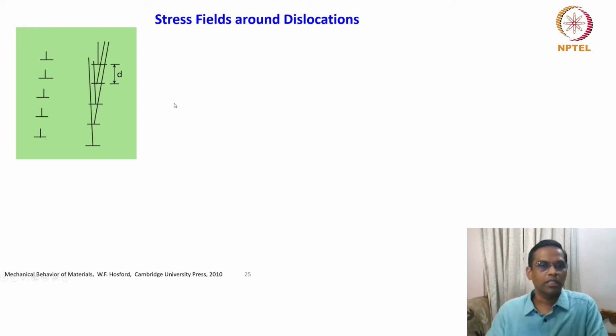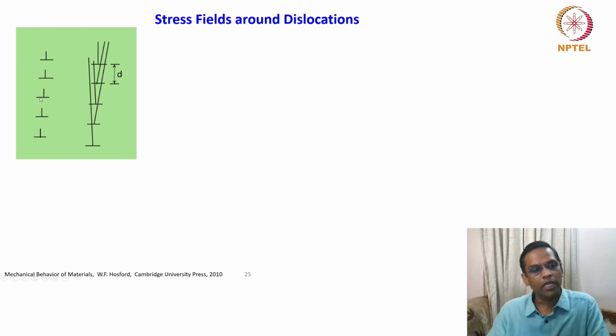The stress field around the dislocation tells us something. What does this image show? This image shows the lining up of edge dislocations one over the other. Please remember, we just described that wherever the extra half plane is, there is hydrostatic compression, and below that hydrostatic tension.